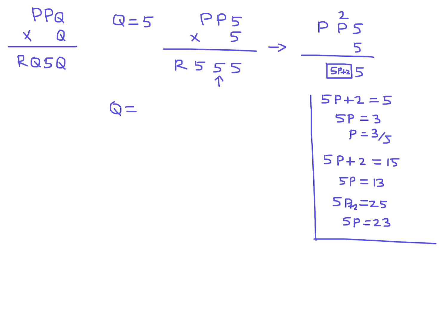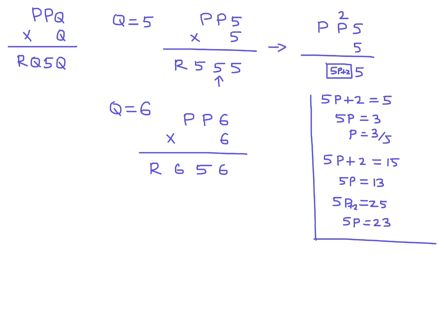What else can I use for Q to make Q times Q have a Q? Well, how about 6, right? That would be P6 times 6, and then this is going to be R65 6. Let's see if we get integer values.